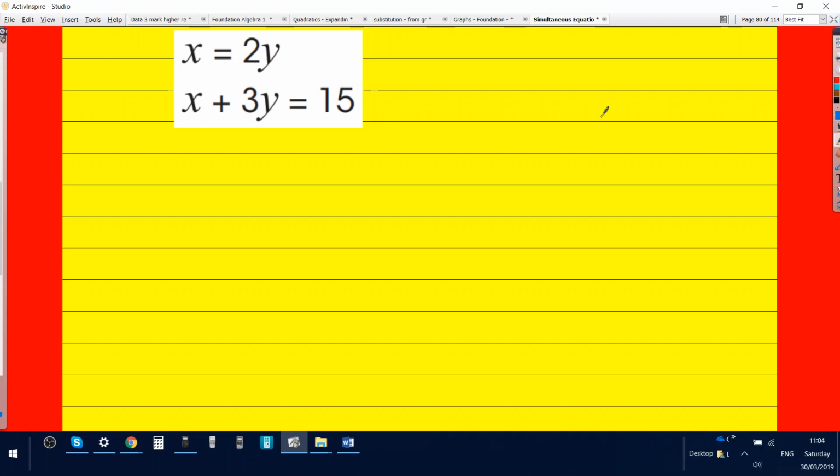Divide by y. The first one. So you get x divided by y equals 2. And then?